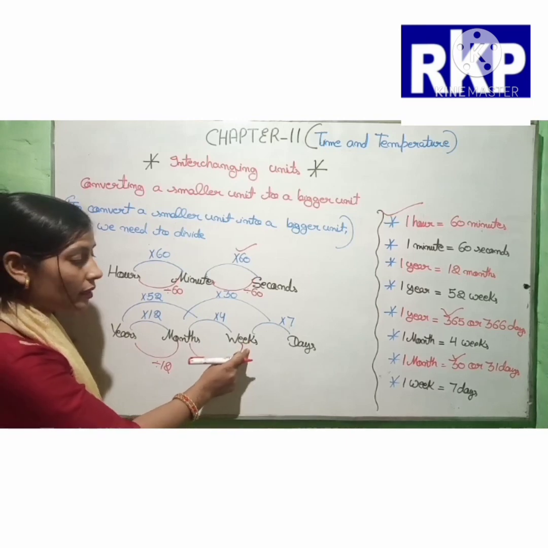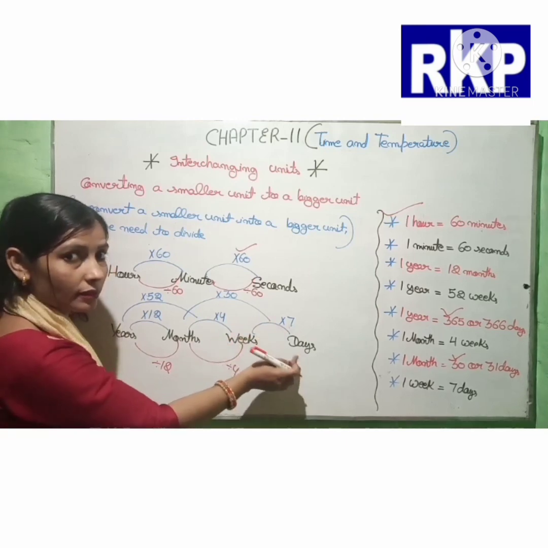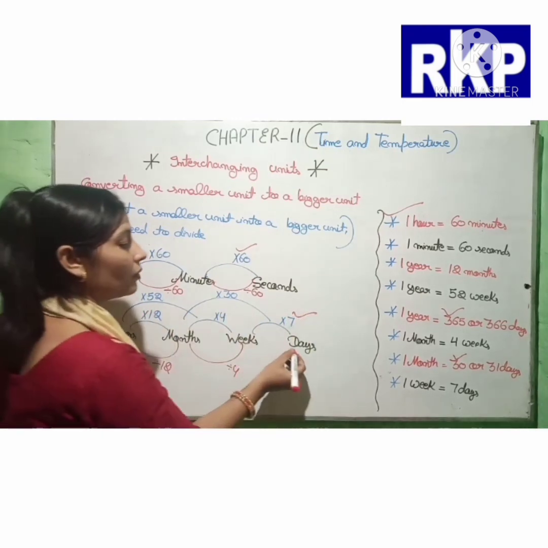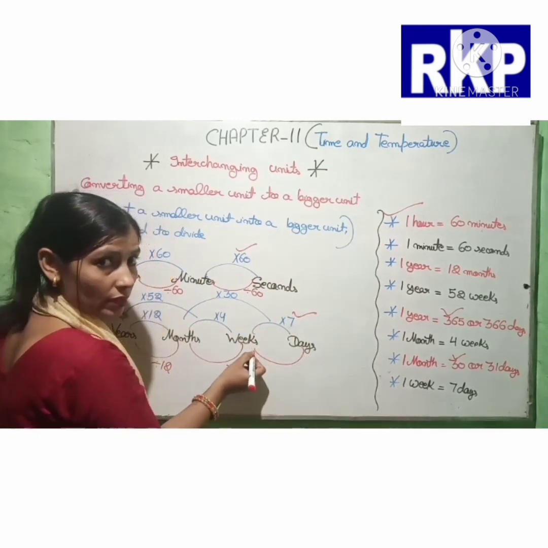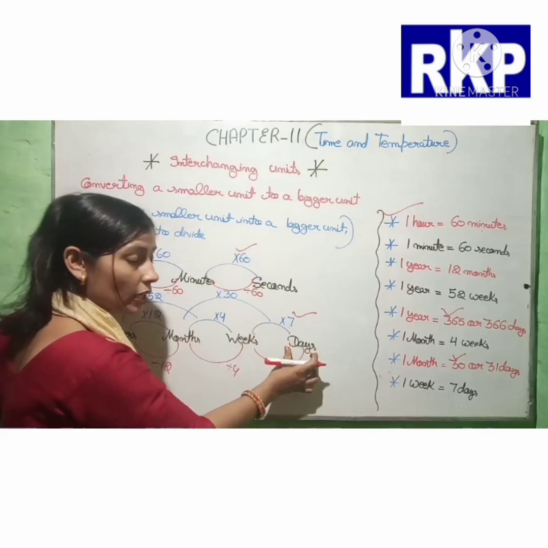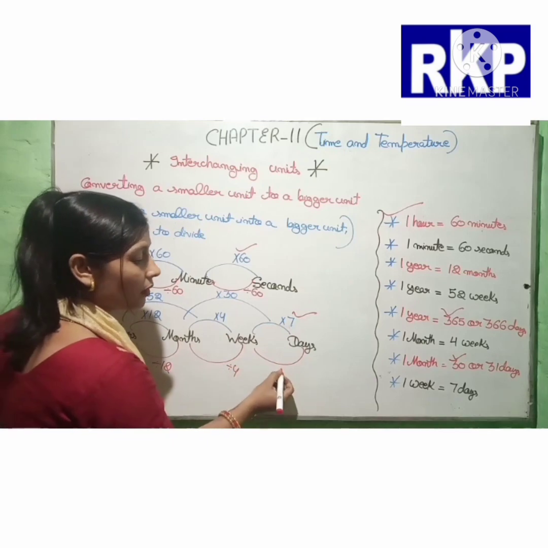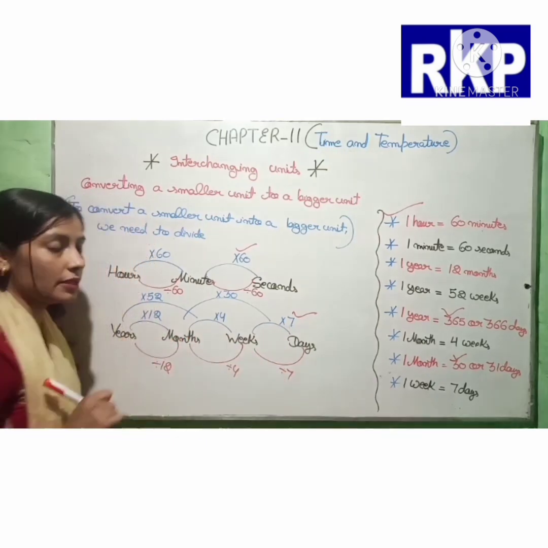And when we convert weeks into days, then we need to multiply with 7. But when we convert days into weeks, when we convert smaller unit into greater, then here we need to divide with 7.